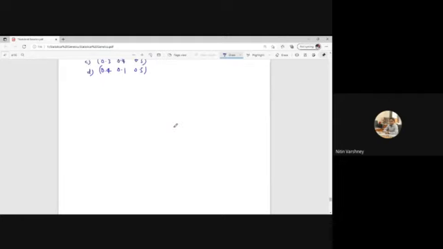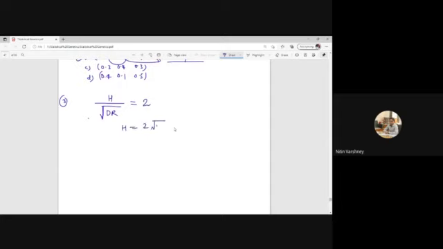Now the next property: the ratio of heterozygous to the square root of the product of both homozygous, that is D and R, is constant, and the constant value is 2. So I can write h is equal to 2 under root DR, and h square is equal to 4DR. So this is also an important result.